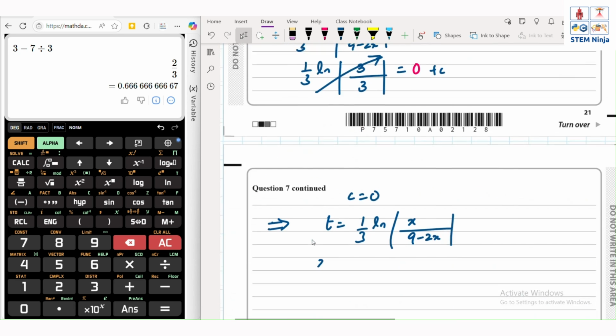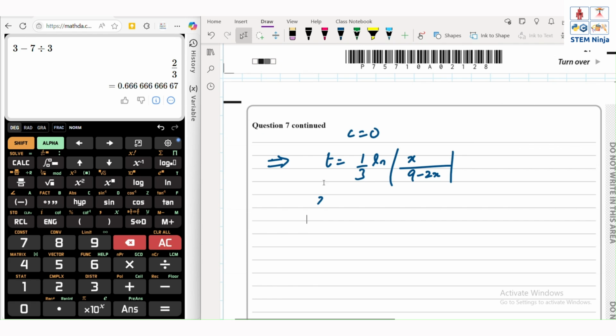Okay, all right, we need to get it in x. So this would turn into e raised to power t, or 3t, sorry. So 3t equals x over 9 minus 2x.